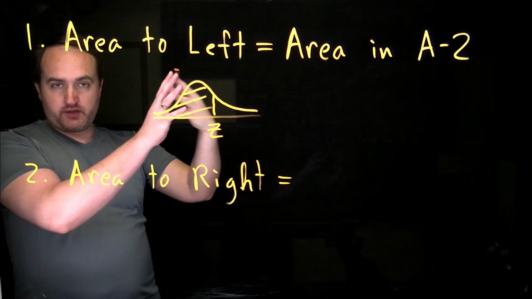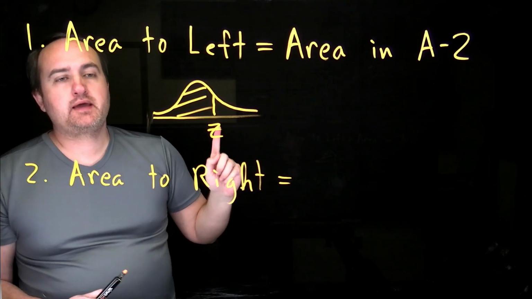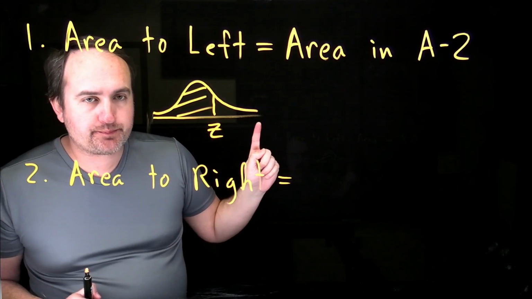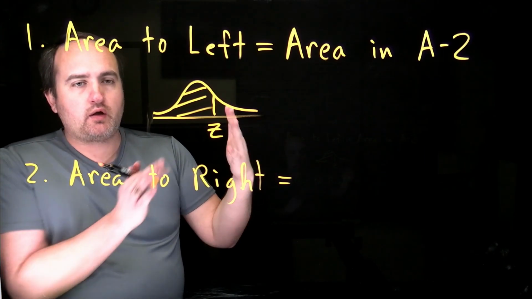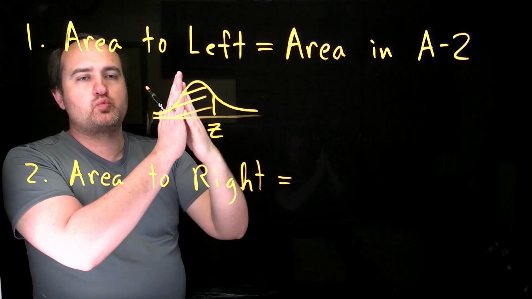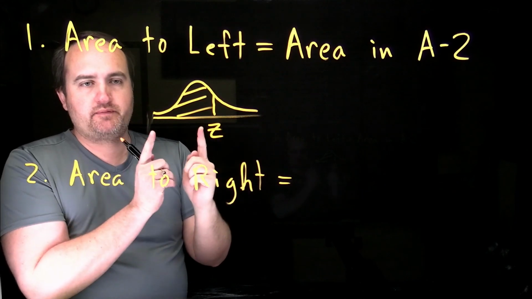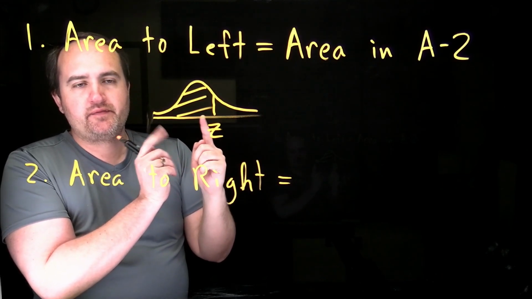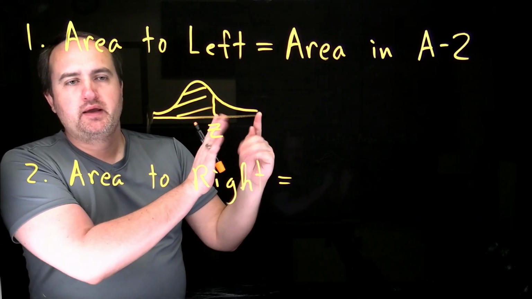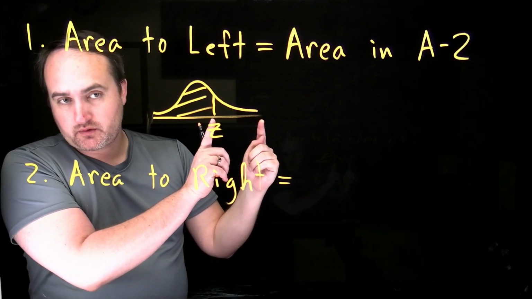and the total area is 1, the way we get the area to the right is, if I do 1 minus this area to the left, that cuts out this part, and it just leaves us with the area to the right.